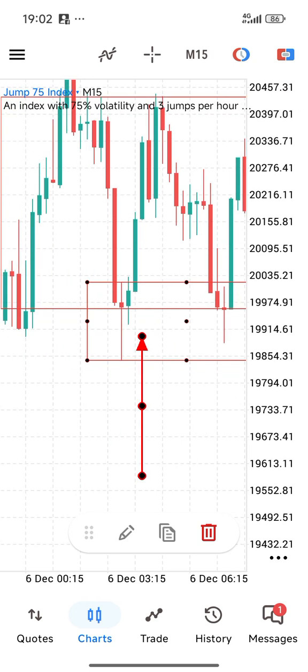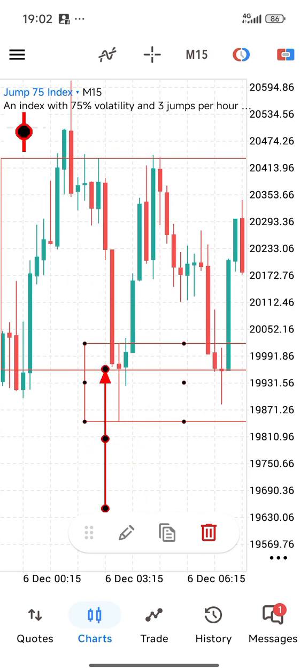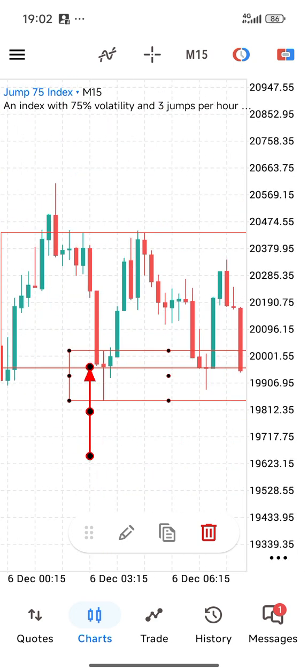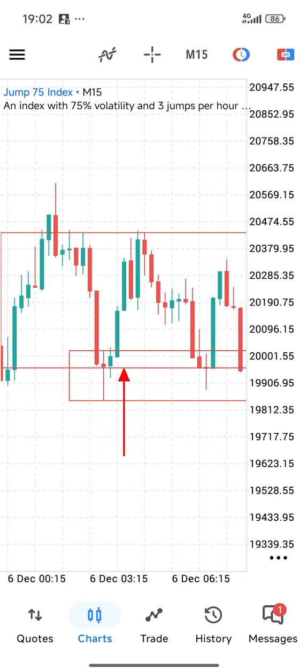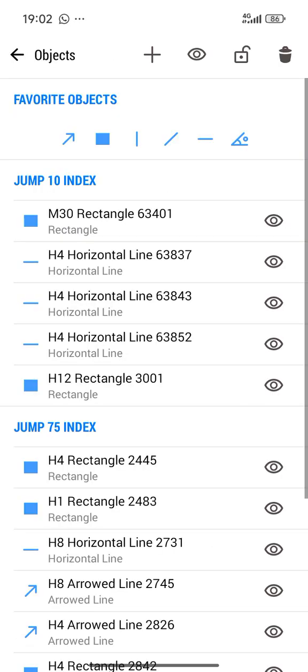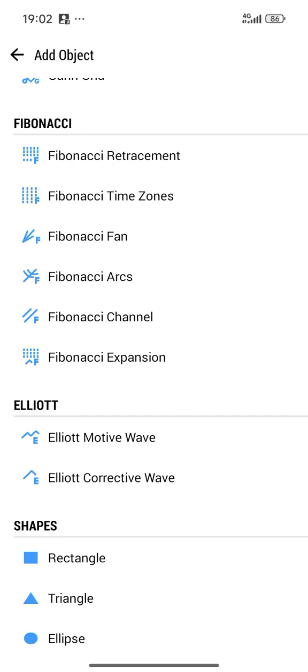So all I want to say is that for a bullish order block, you have to check for the last bearish candle after the bullish momentum, then you highlight it. You can highlight it with a tool in the toolbox. If you don't understand, you can watch a video I created on how to use MetaTrader. You can check the toolbox by pressing this plus icon, scrolling down, and you see rectangle.